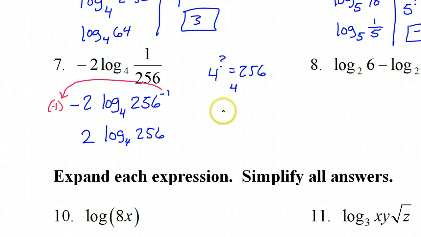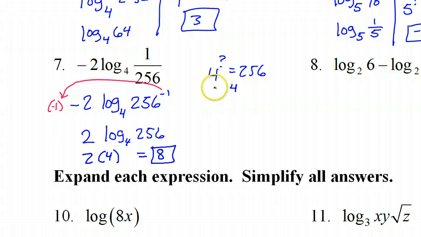Right? 4 to the 4th power. So that means right here I've got 2 times 4, which is 8. So that's where that came from. Anyway, boom. So that's the answer to the question.